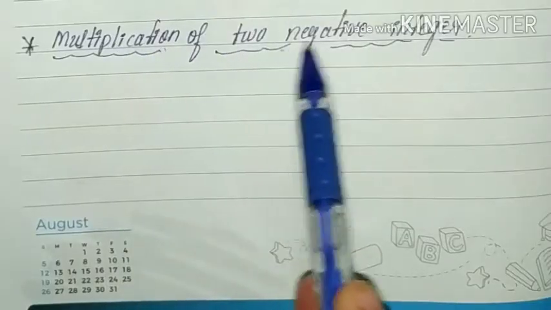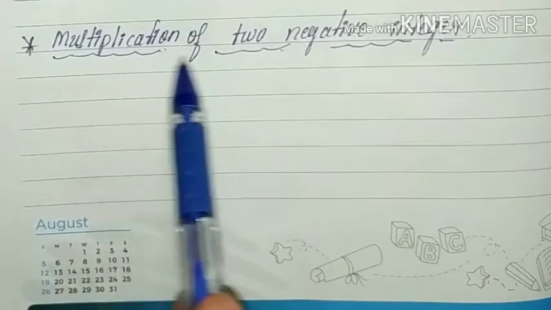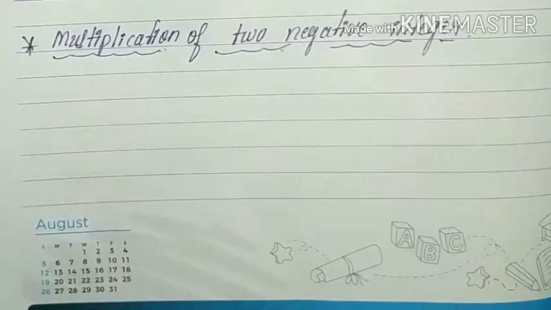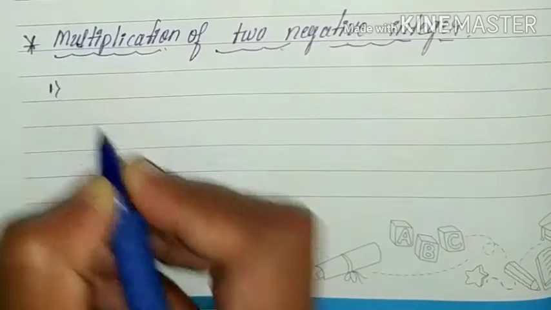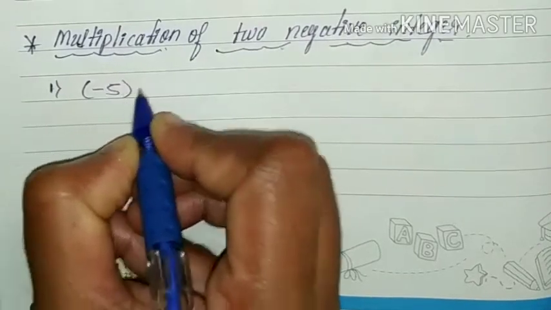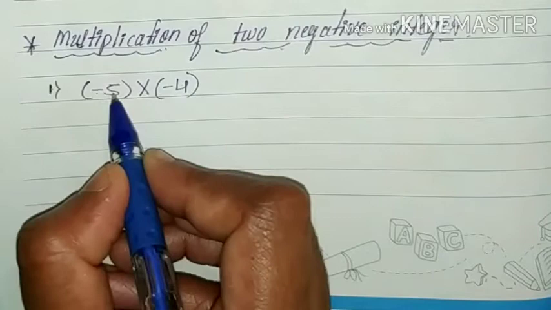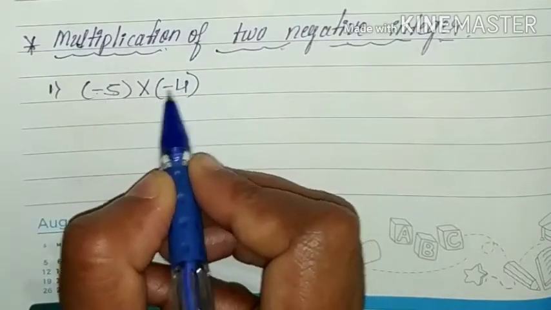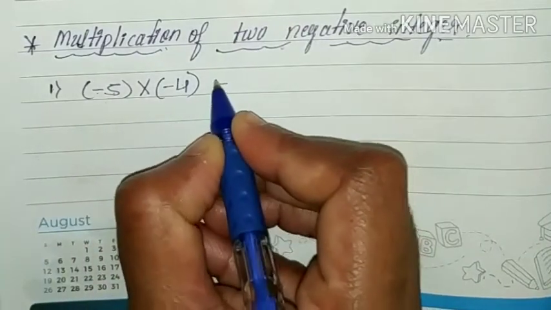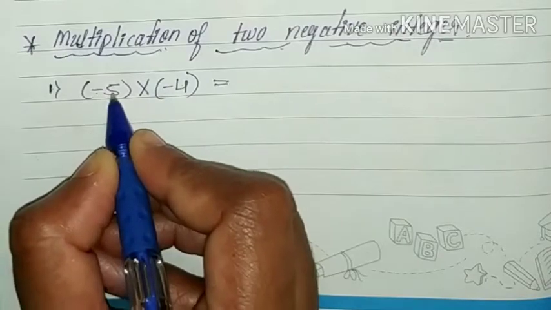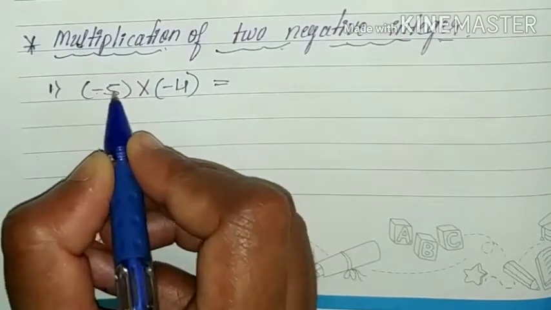See multiplication of two negative integers in my explanation zone. Multiplication of two negative integers. The multiplication of two negative integers is always a positive integer. We see one by one. -5 into -4. Here these two integers are negative integers. So for their product, we have to multiply them as a whole.